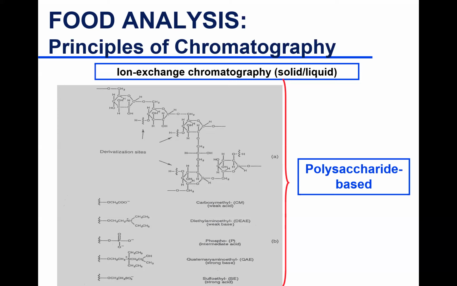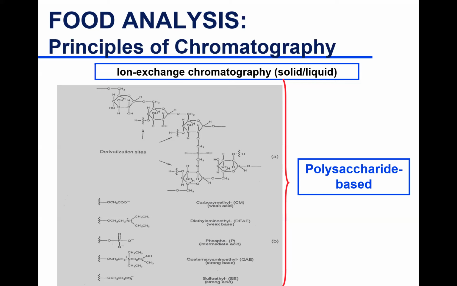If I have a weak base and then I increase the pH, they're going to lose their proton. They're going to be deprotonated easily. That also helps with detaching the molecules that are interacting and letting them leave the stationary phase. So weak acids and weak bases are very much influenced by the pH of our mobile phase.